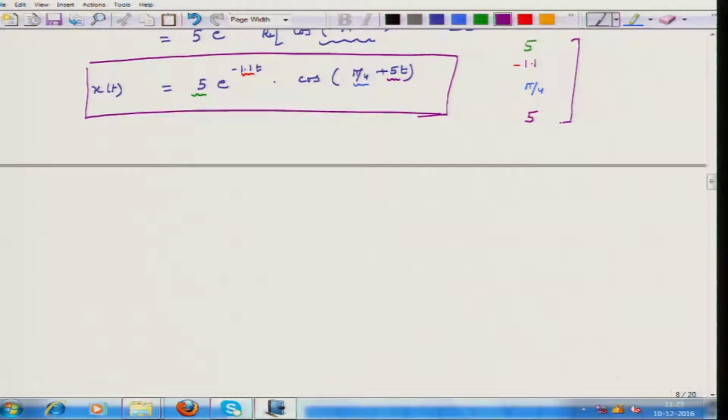We will try to understand their physical significance. To do that, we plot a graph.